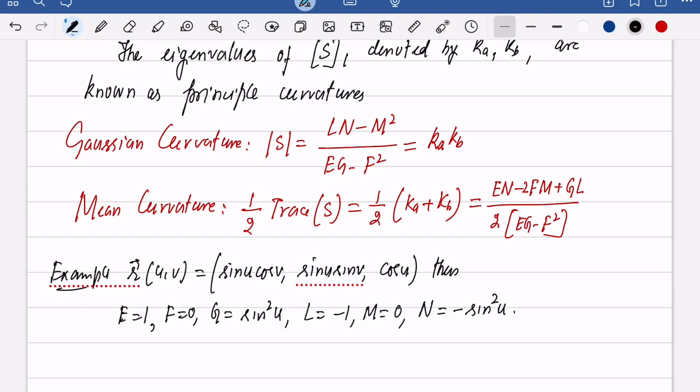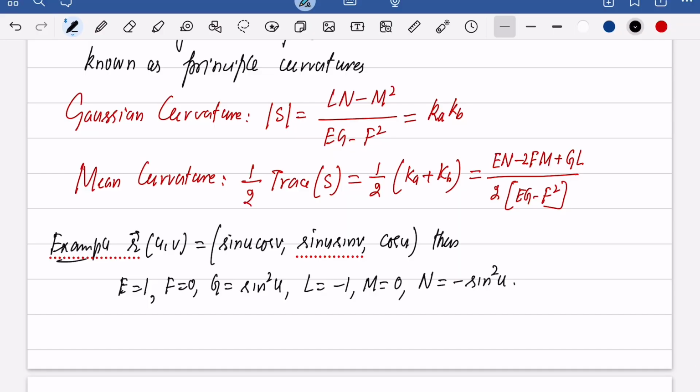But now here we are interested in evaluating the Gaussian curvature and the mean curvature. So the Gaussian curvature, which is usually denoted by K, we can write as Ln minus M square divided by Eg minus F square. This is equal to, now L into N is equal to sine square u, M is equal to 0, so in the numerator we get sine square u, divided by E into G, that is equal to sine square u, and F is equal to 0, so this is equal to 1.